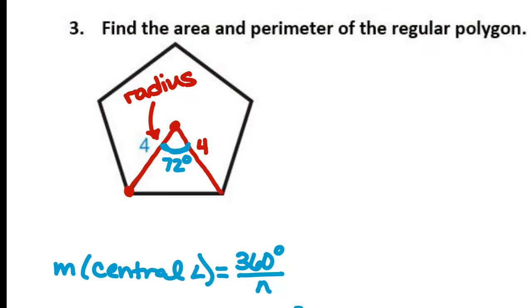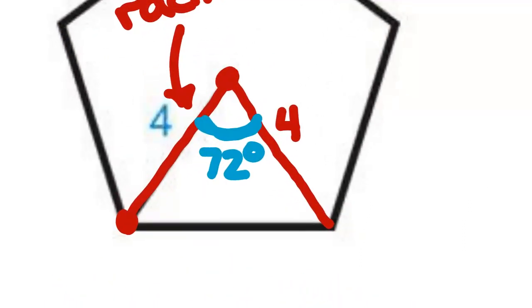We're going to need to find the length of the apothem and the length of a side. Apothem goes from the center to the side. So I'm going to go ahead and draw that in the background here. There's my apothem.